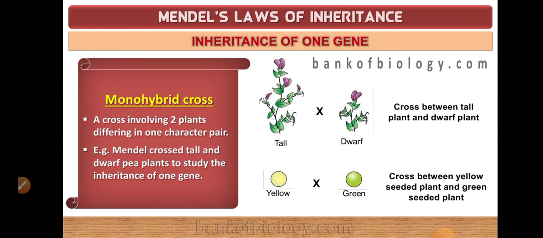Self pollination and cross pollination both are possible, as it is a bisexual flower, and it is easy to cultivate. These are a few reasons to select the pea plant. Thank you.